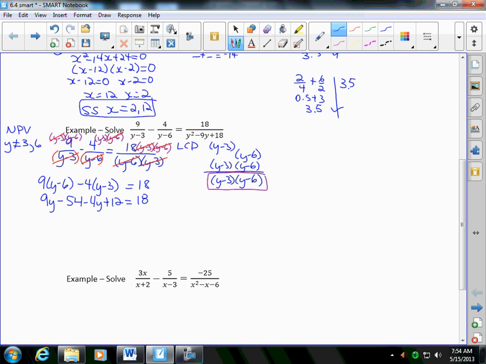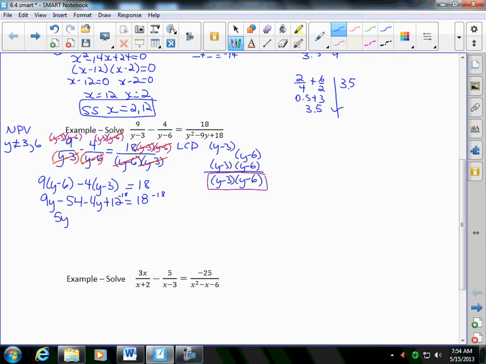To solve, I need to bring everything over, so I subtract 18. And then I'm going to collect like terms. My 9y minus 4y leaves me with a 5y.